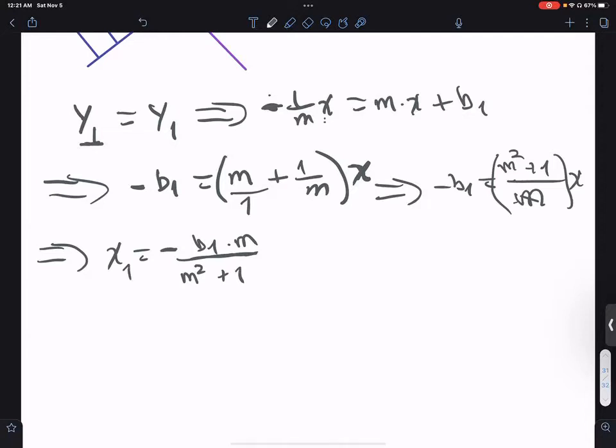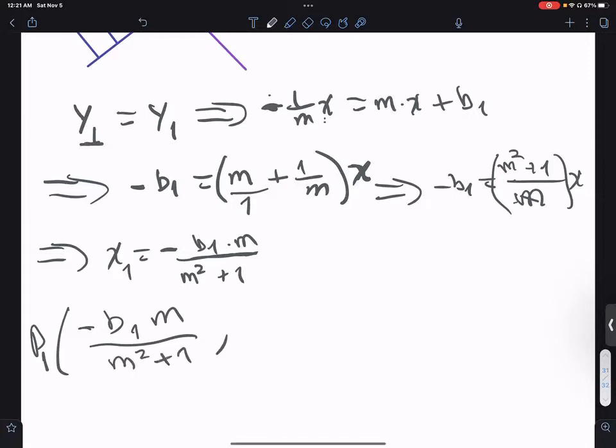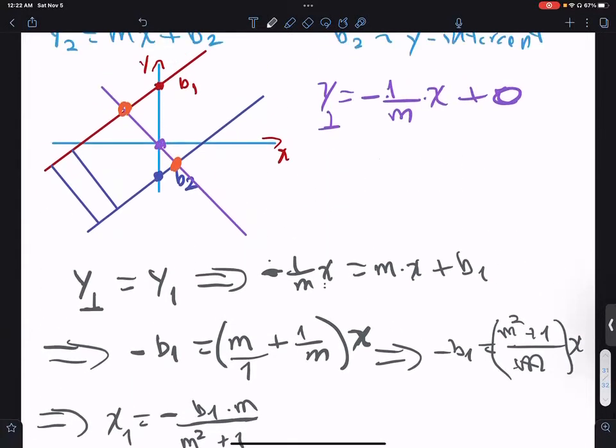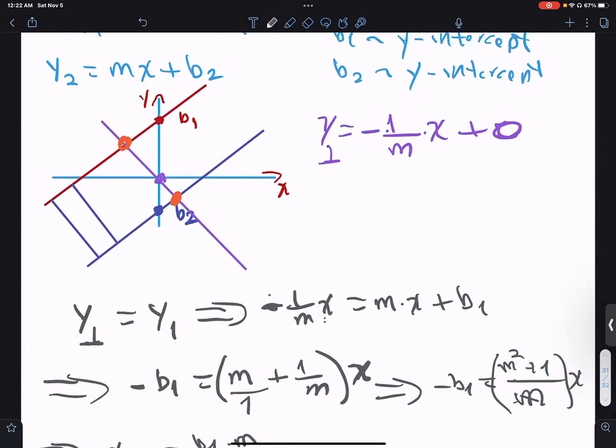I have the x of the first point, which is negative b1 times m over m squared plus 1, comma, and then we have to get the y, but we can get the y from either of the equations of the lines.